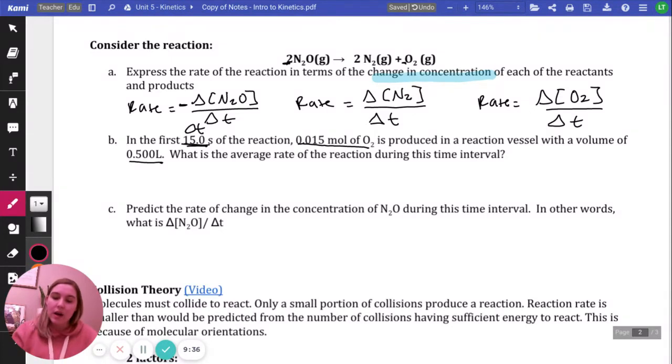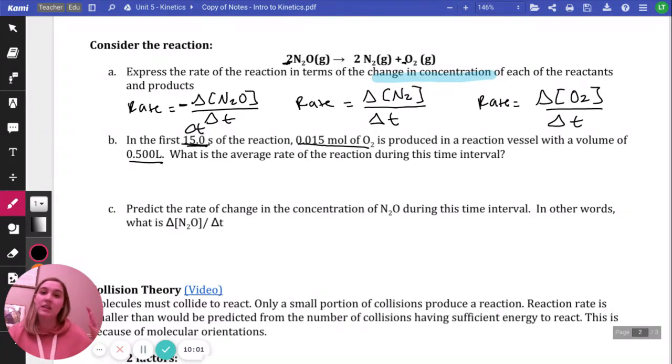It says 0.15 moles of oxygen is produced in a reaction vessel with a volume of 0.5 liters. Once again, guys, this is a product, so it should have started with 0, and that means we ended with 0.15 moles. So we should have started with our concentration of oxygen at 0 in our reaction vessel. So our change in concentration is essentially just how much we formed, since we started with 0. But this is not concentration.